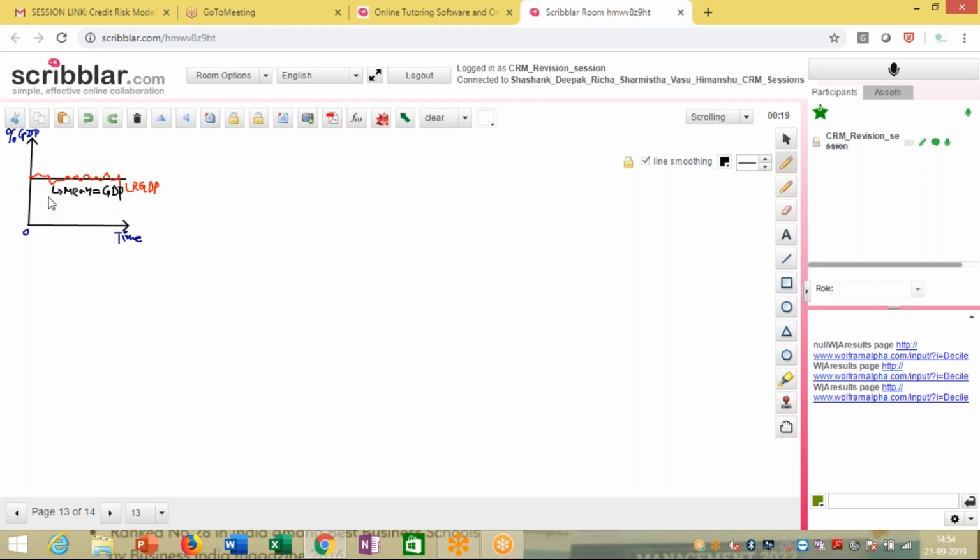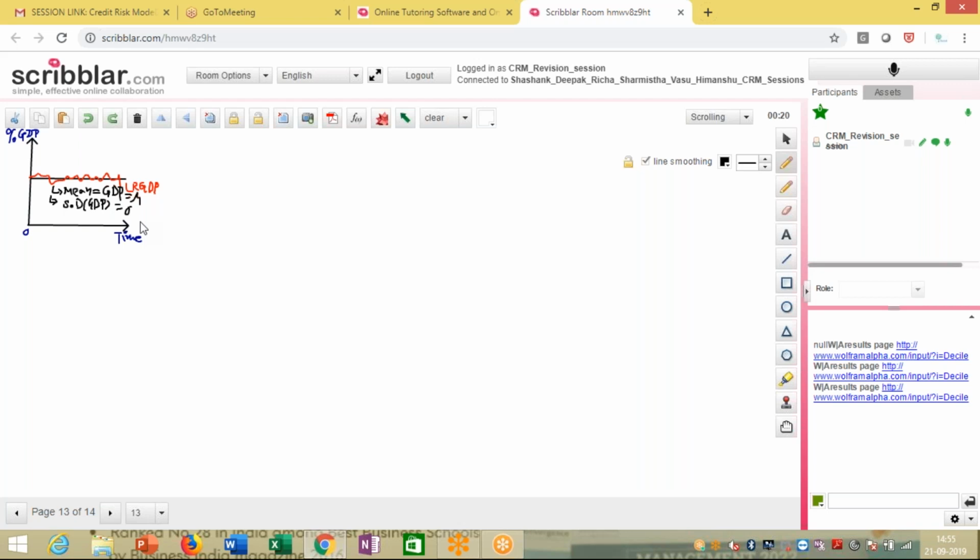The mean GDP and the standard deviation of GDP, right? So let this be called mu and let this be called sigma. One thing that we can clearly see is that this mu and sigma remains constant.